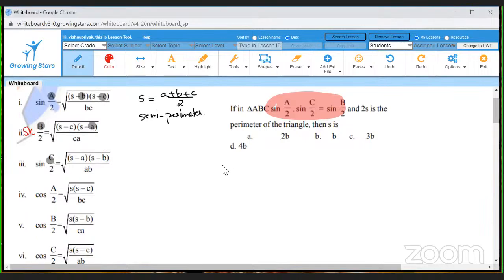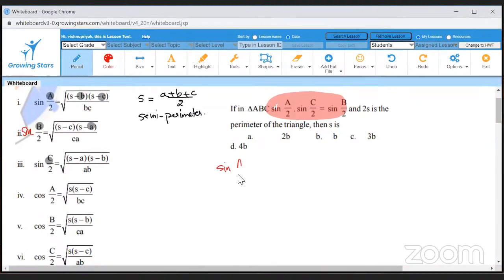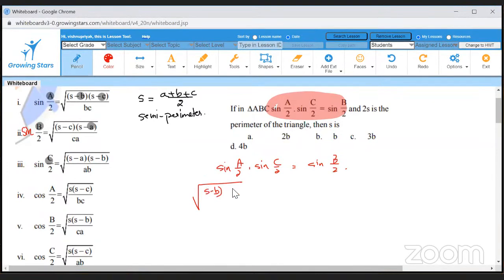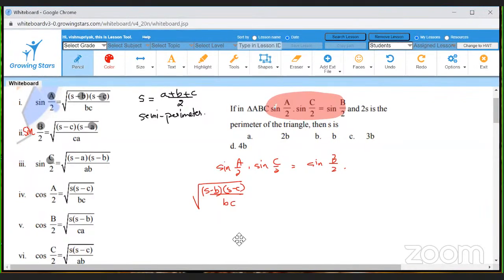You are given sine A by 2 into sine C by 2 equal to sine B by 2. With this, you have to start. Sine A by 2 is square root of S minus B into S minus C by BC. Yes, Lohit got the correct answer. Lohit has given the correct answer.